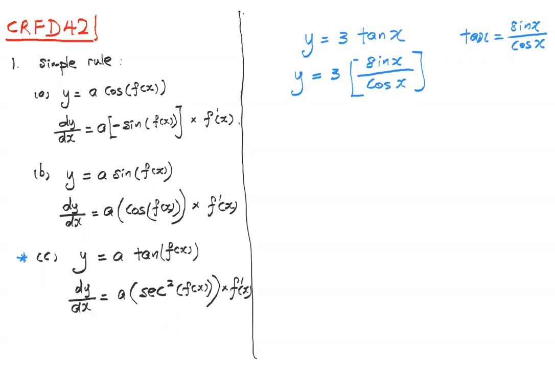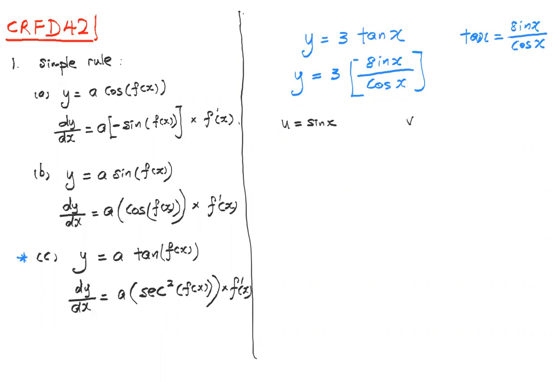So now what rule should I use if I want to find the derivative of sin x over cos x? What rule must I use? I have to use quotient rule, correct? Now everyone start using your quotient rule. Everyone start doing. Okay, so my u is sin x.